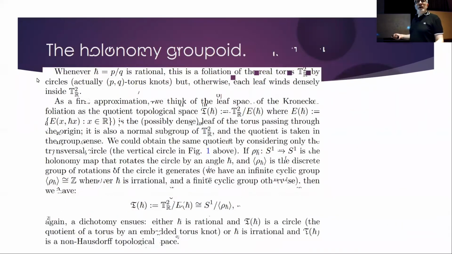Explain, in the case when the parameter is rational, you were saying that this function space is given by x, y, plus q, y. How am I supposed to think about that as functions on the circle? Well, it won't literally be functions on the circle, but it will be Morita equivalent.